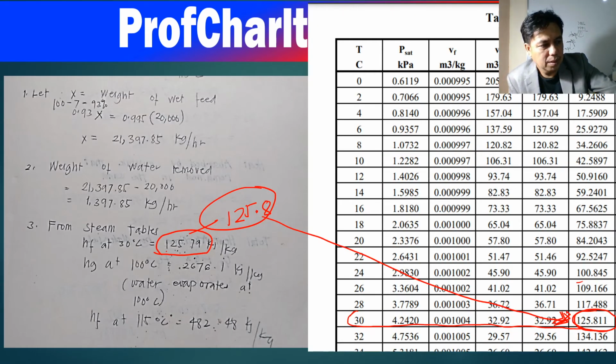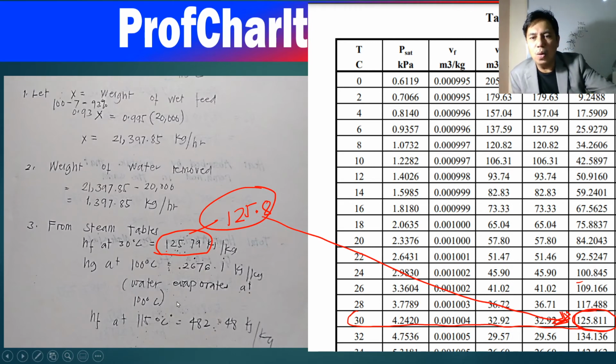I just pulled it out from my old notes, to be honest. So this one is 2676.1. So the enthalpy of gas at saturated temperature of 100 degrees centigrade.